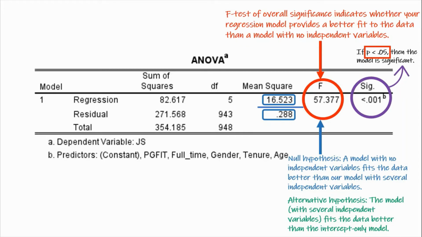Well, nothing really. If we set the threshold p-value as 0.05 and accept that any value below it is statistically significant, then what that means is that the probability of seeing an F value as large or larger than the one observed here, which is 57.377, due to some random chance is less than 5%.